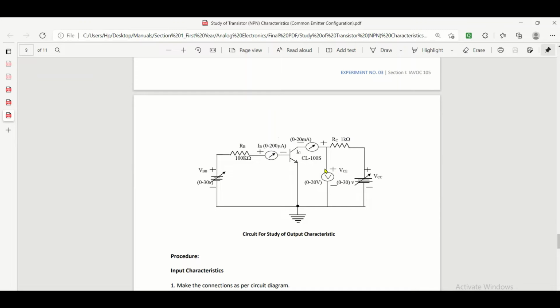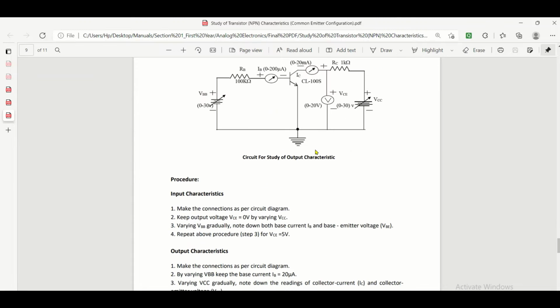So here we vary the collector voltage. This is the collector voltage power supply. We will vary that, according to which there will be a change in collector to emitter potential and a change in collector current. We have to read the value of collector to emitter voltage and collector current.